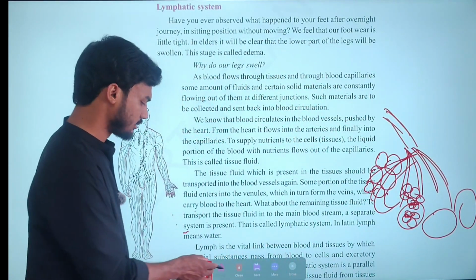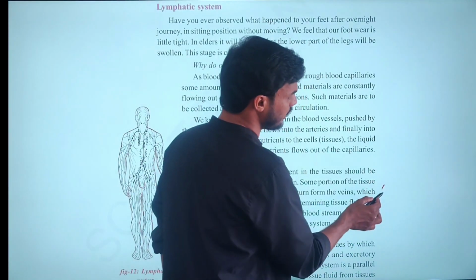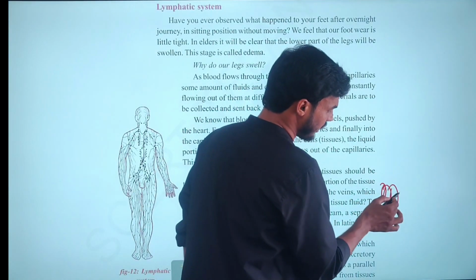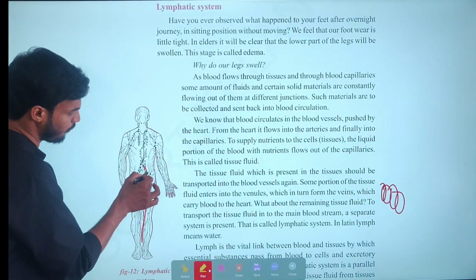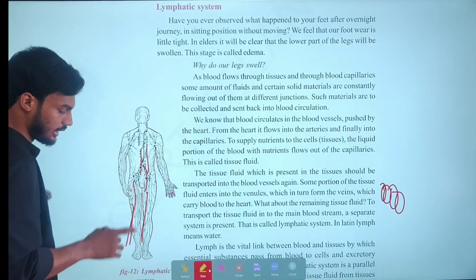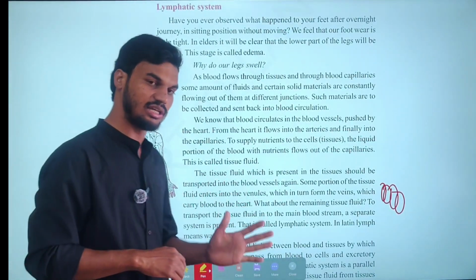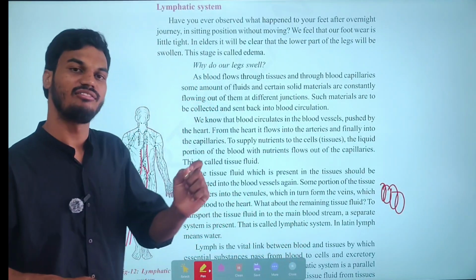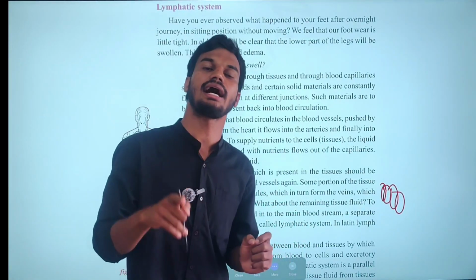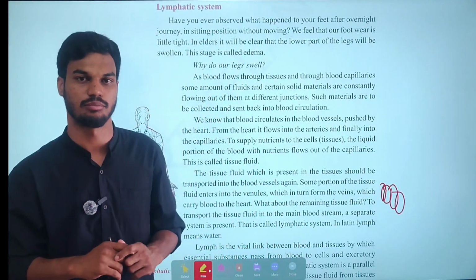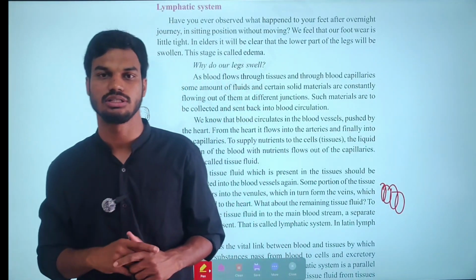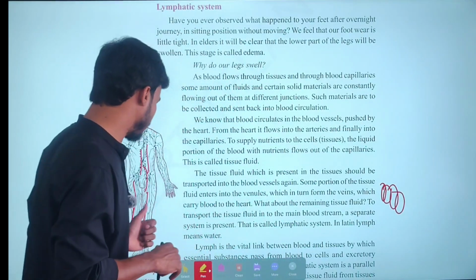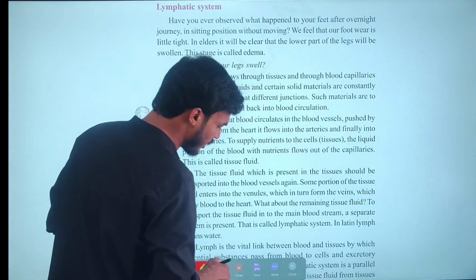The remaining fluid follows the lymphatic system, as shown in the figure. The function of the lymphatic system is to fight against disease-causing organisms, and the lymphatic system is active during muscle contraction and relaxation.